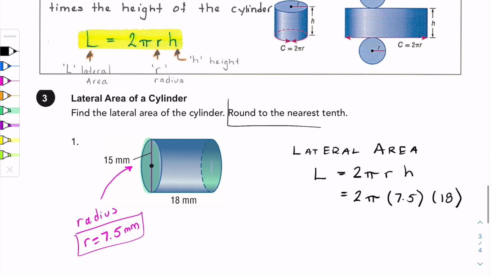The directions do say to round to the nearest tenth. So when I type this expression, 2 times pi times 7.5 times 18 into my calculator, I get approximately 848.23 square millimeters.